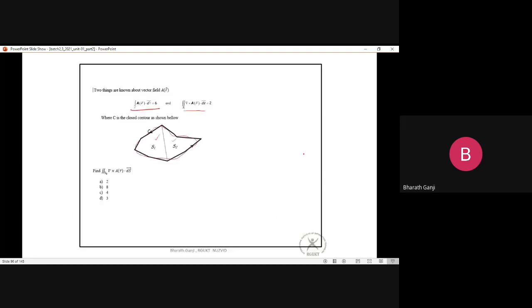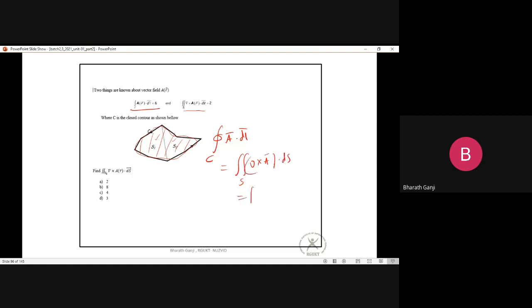I know why they went with option C, because probably they thought that the loop integral of A bar dot dl bar on this curved path C is nothing but the surface integration, the complete surface integration, of del cross A bar into ds bar.